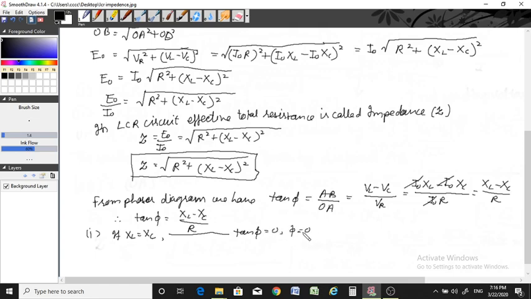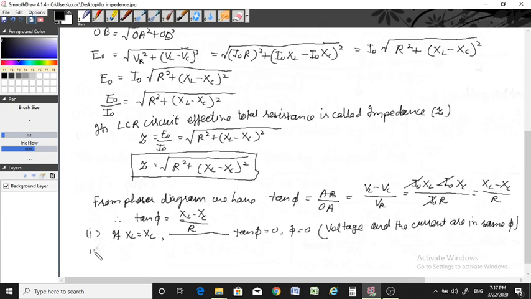It means that voltage and the current are in the same phase, phi equal to 0.